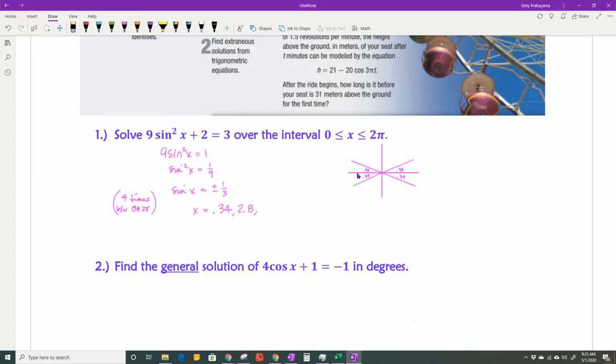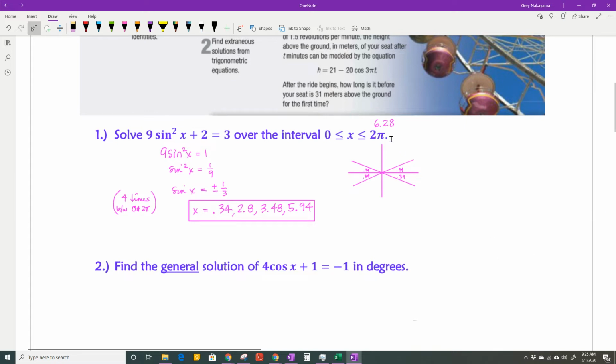And then in the third quadrant, I'm going to go 3.14 plus 0.34. And in the last one, I have to use 2 pi, which is 2 times 3.14, or 6.28. And 6.28 minus 0.34 is going to give me 5.94. So those are your 4 answers to that problem.